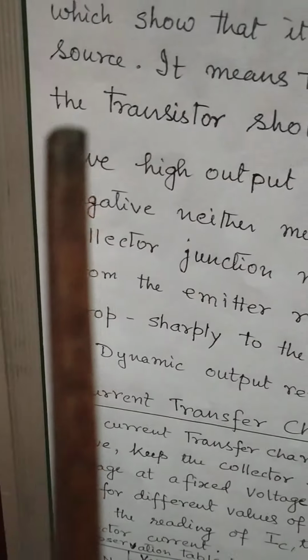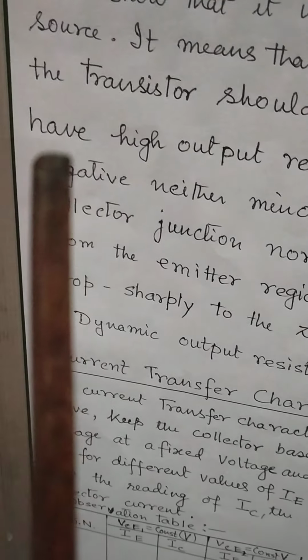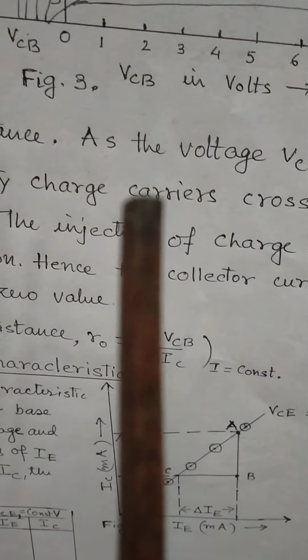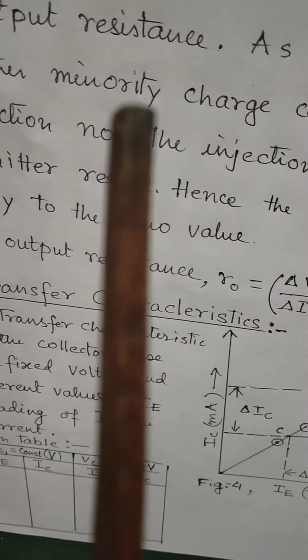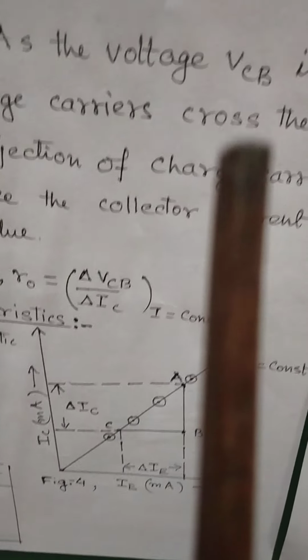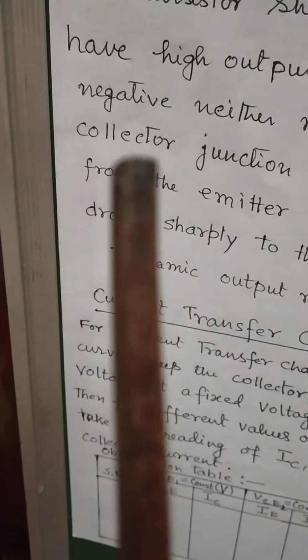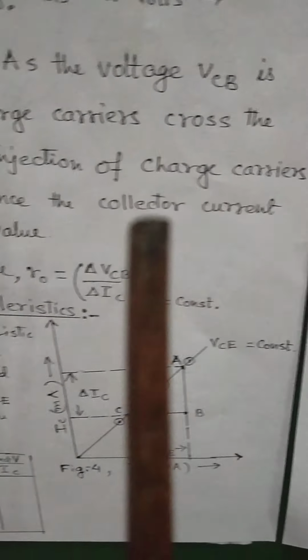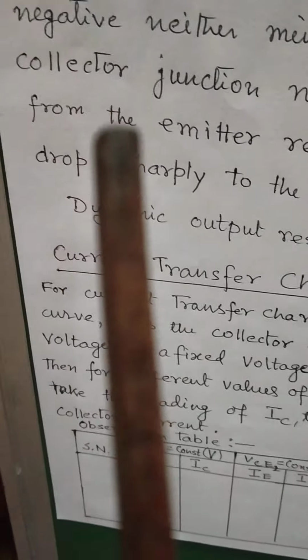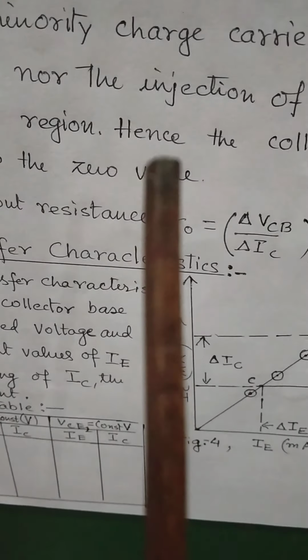Now it means that the transistor should have high output resistance, negative resistance, as the voltage VCB is negative, neither minority charge carriers cross the collector junction nor is there injection of charge carriers from the emitter region.